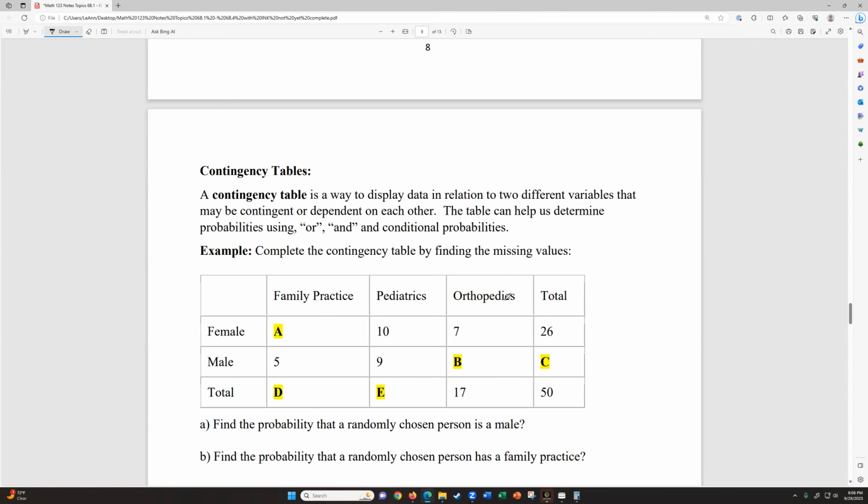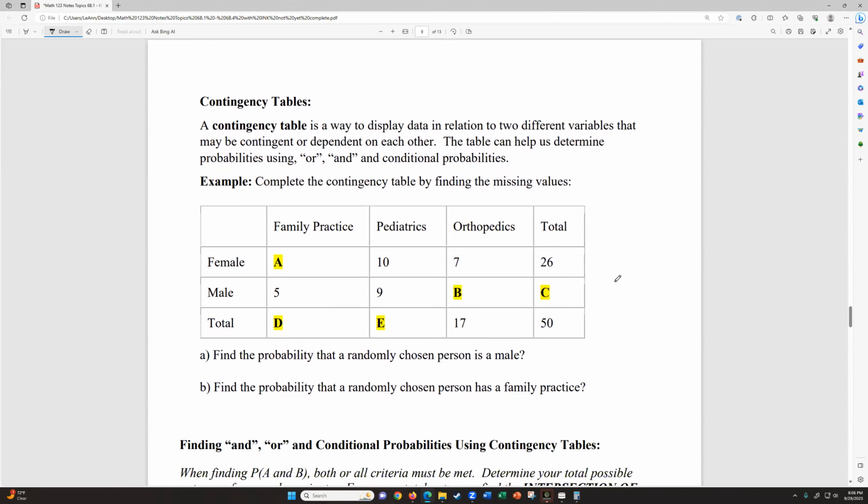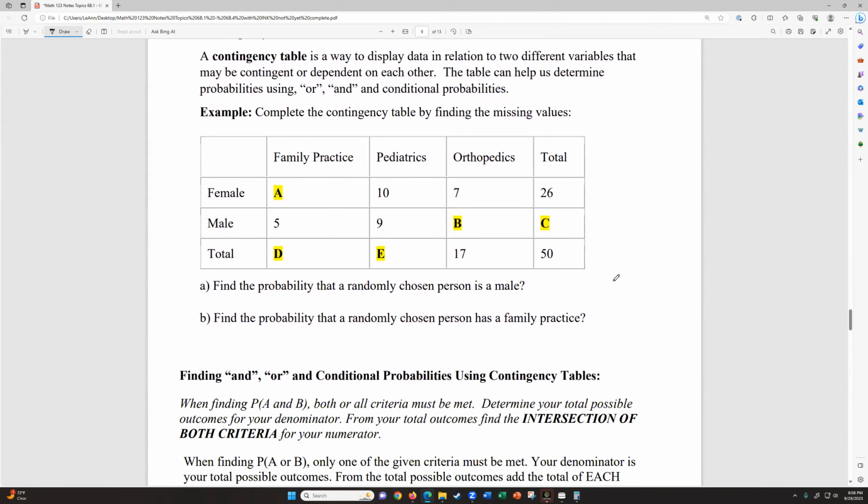So we're going to first talk about how you fill in missing values if you have a contingency table that is not complete. So you have the total number of doctors, since these look like doctors that are in a practice possibly. So this is the total number of the people in our group. That's that bottom right corner.